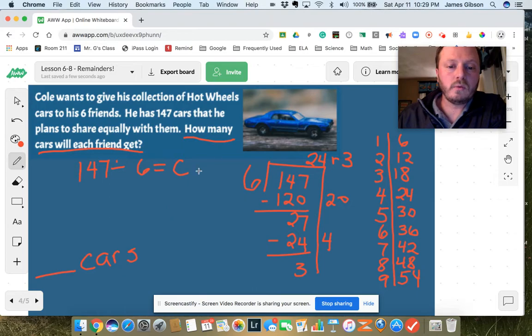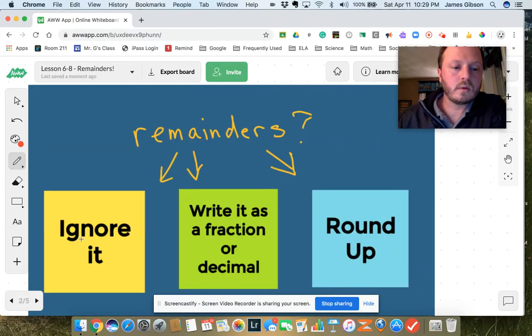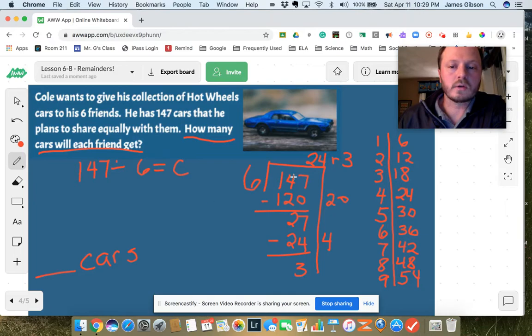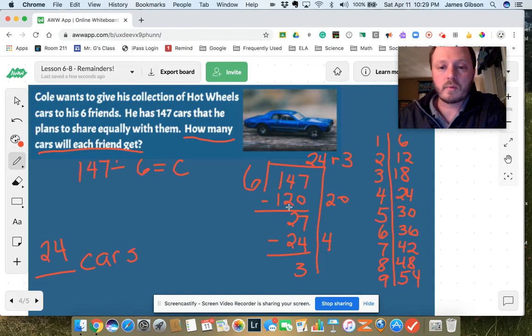So what we're doing with this remainder is we're ignoring it. We can't share those extra 3 cars equally. So our answer is that every friend will get 24 cars, and those 3 remaining, we have to ignore them. And we can say that Cole keeps them, or he gives them to his brother, or whatever it might be. I highly doubt he'll give them to his brother, though.